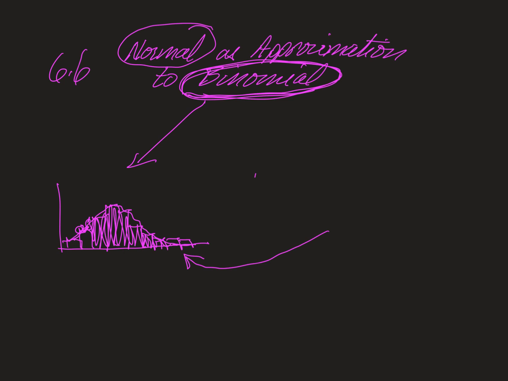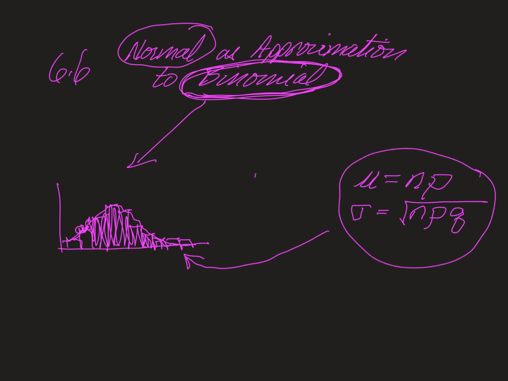And the key thing in this chapter is that if you have a binomial distribution, the mean will be n, the number of trials, times the probability of success. And then the standard deviation will be the square root of n, number of trials, times probability of success, times the probability of failure. Okay? And this then helps us. Now, because we have technology to calculate binomials, almost nobody does this anymore.